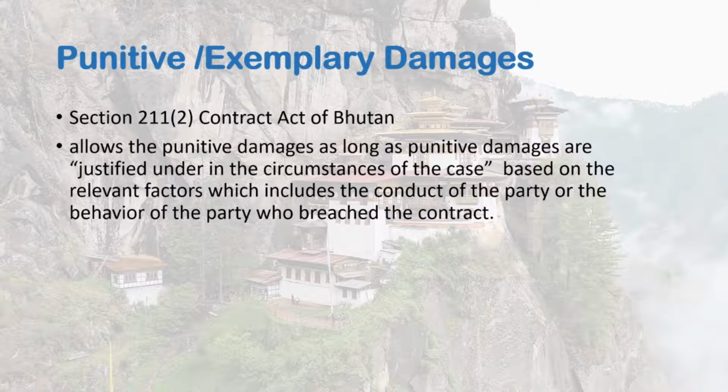So basically under the Bhutanese Contract Act, punitive damages are very wide and broad because they can be applied in every case, as long as the court finds that it is justified under the circumstances of the case.